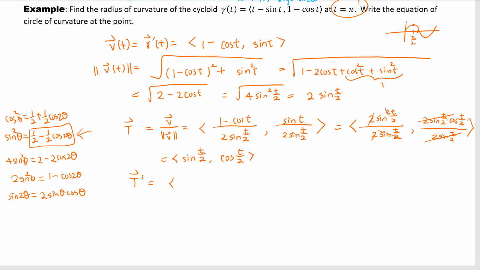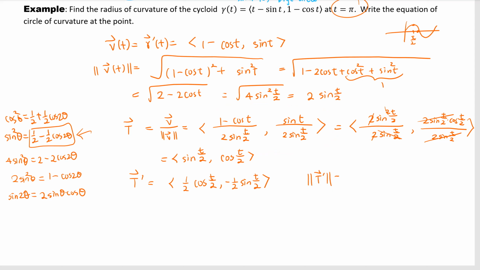So the derivative of it is, by chain rule, 1/2, the derivative of sine is cosine. And then by chain rule, the derivative of cosine is minus sine. So here, if you don't use the double angle formula and simplify the answer, when you want to take the derivative of this guy, that's quotient rule and it's so complicated. So please simplify before we differentiate.